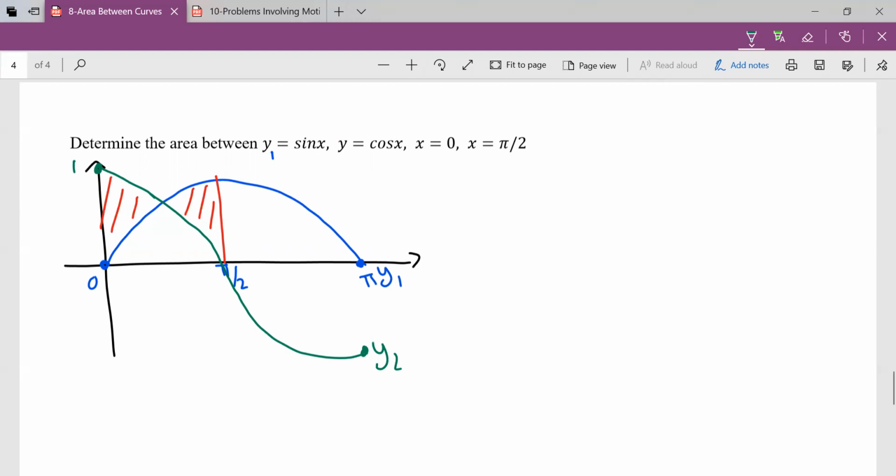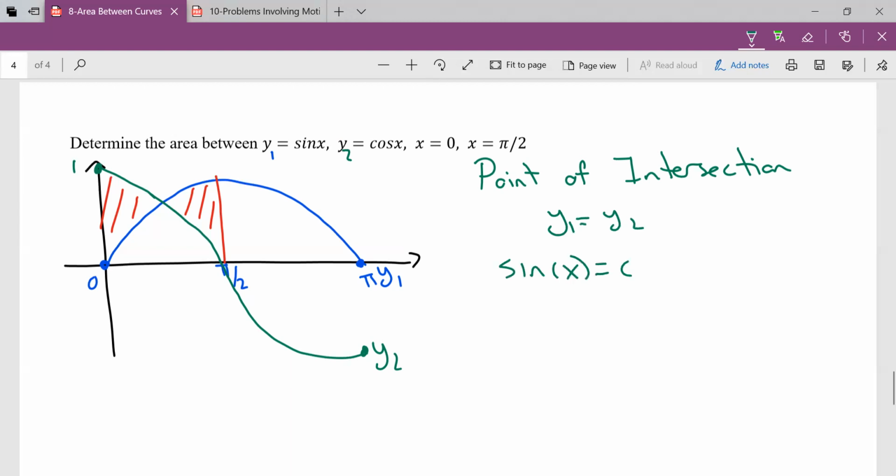Now, here we go. First off, where do these two things intersect? Well, a couple of different ways to think of it. So our point of intersection is where y1 is equal to y2, which is where sine x is equal to cos x.